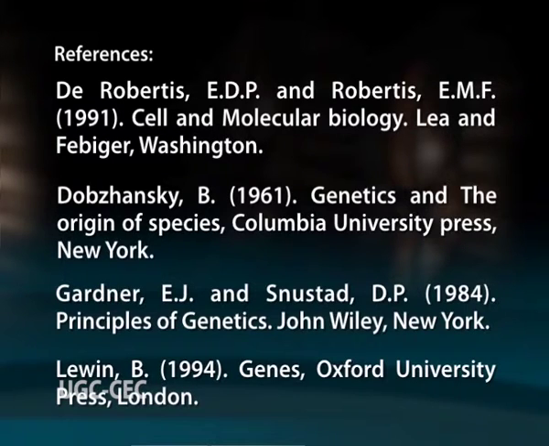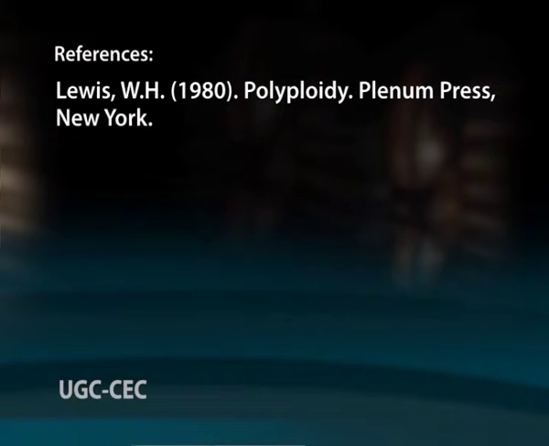The fourth one is Genes, authored by Lewin in 1994, published by Oxford University Press, London. The fifth book is Polyploidy, authored by Lewis in 1980, published from Plenum Press, New York.